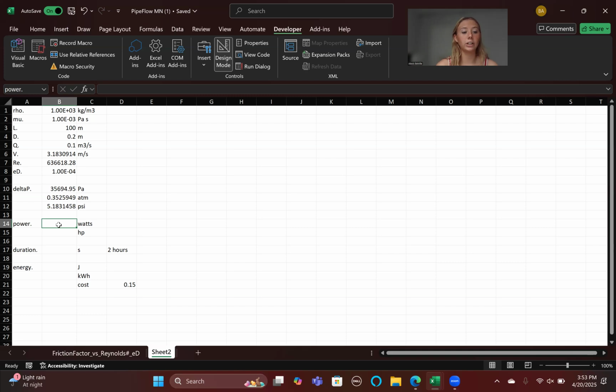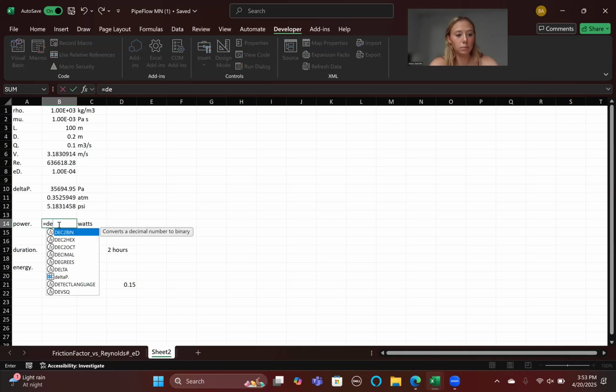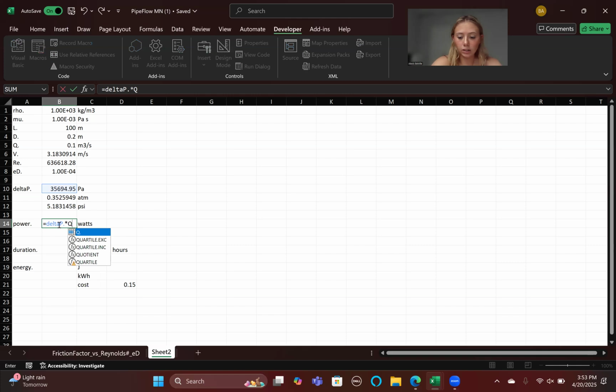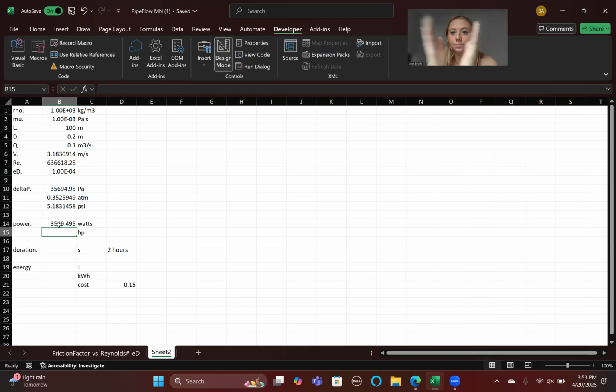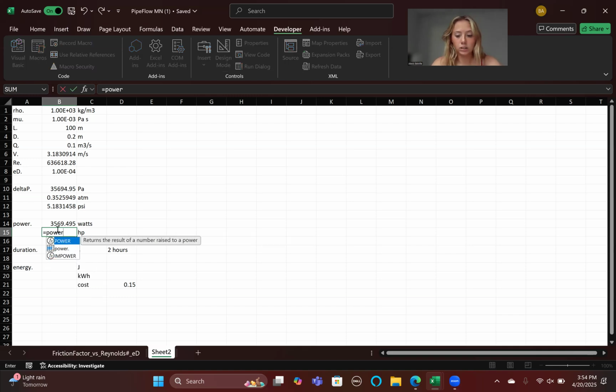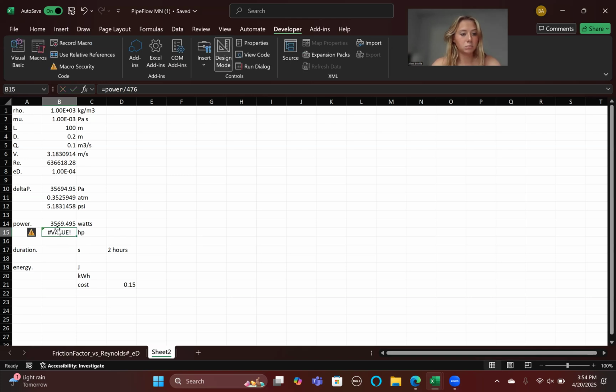We're going to calculate our power, which is going to be our pressure drop times our flow rate, which is Q dot. Now we're going to convert it to horsepower, which is our power divided by 476. Power dot.